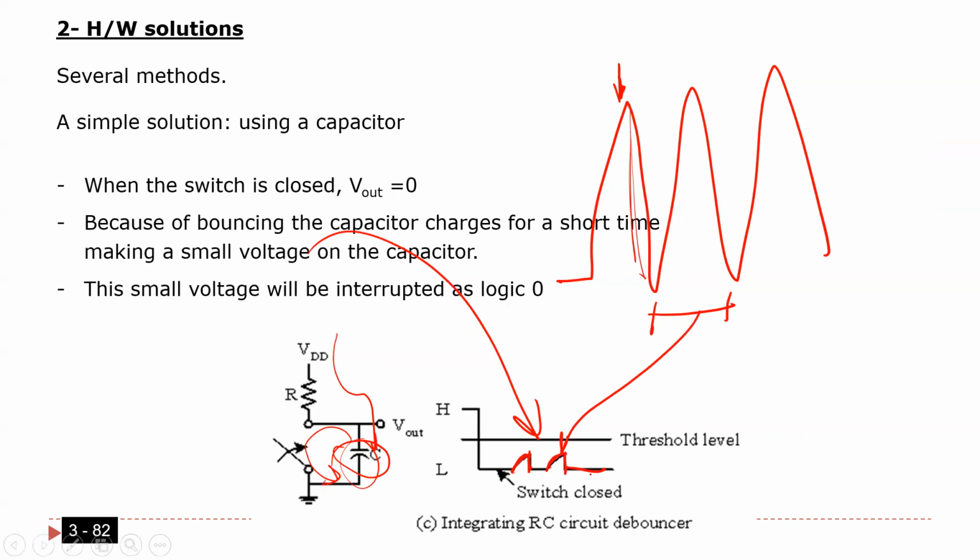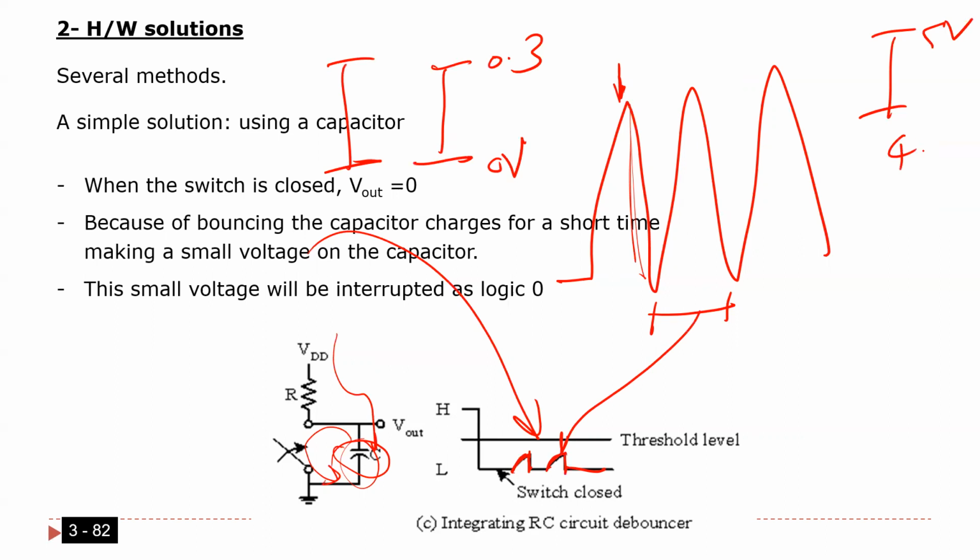However, because the time is short, you are not going to charge too much to be taken as high, right? Keep in mind, low or high has a certain voltage range. For example, just an example, from 0 volt up to 0.3, any voltage here will be taken as logic 0, right? And 5 volt, for example, until 4.3, okay? As long as you are in this range, you should be okay.